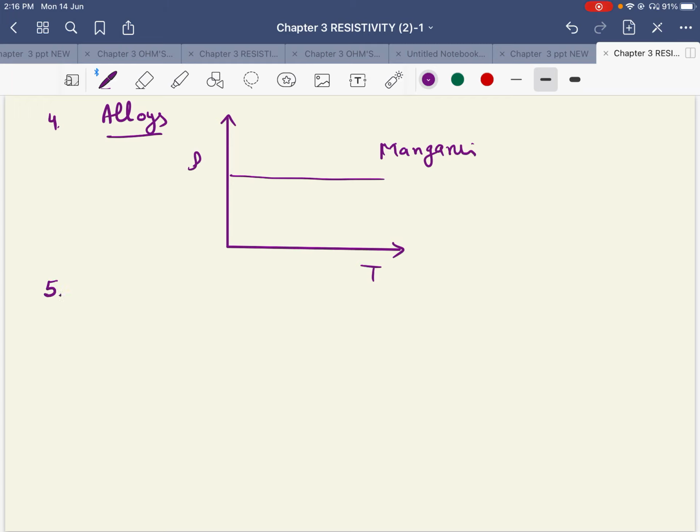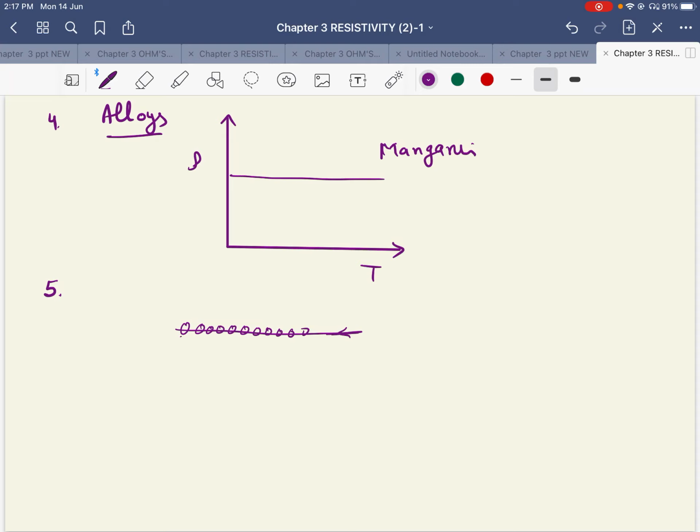Fifth point, depending upon the value of resistivity, we decide which material behaves as a good conductor and a good insulator. For example, a conducting copper wire. Suppose this is a copper wire, and this wire is insulated, covered by rubber, because this conductor will allow maximum current to flow, so the resistivity of this conductor must be low.